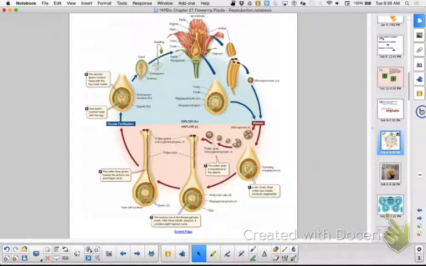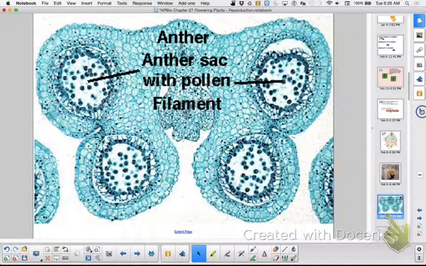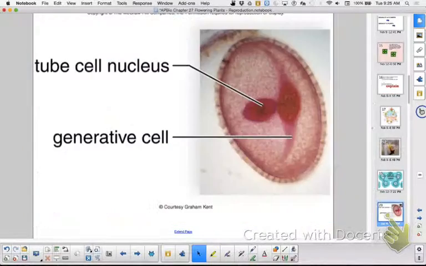Here you can start to see some of the pollen, this pollen tube growing down in order to fertilize. Now, these are just showing you anthers that are open, releasing their pollen. At the top of the anther, there are sections, each of these releasing pollen.